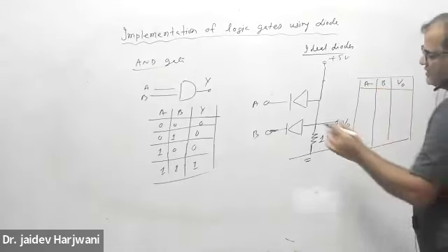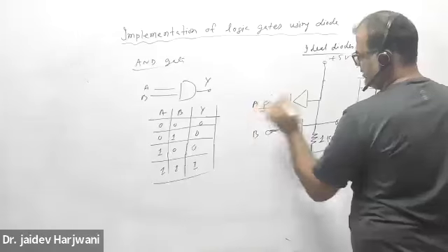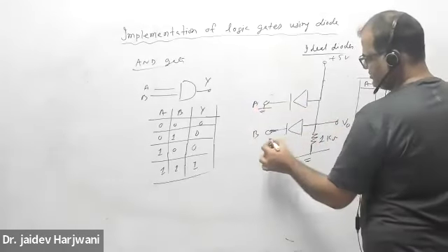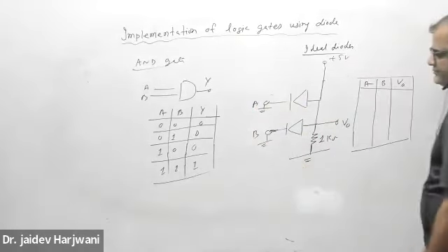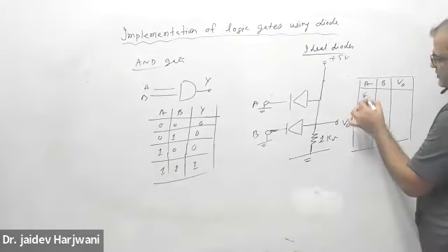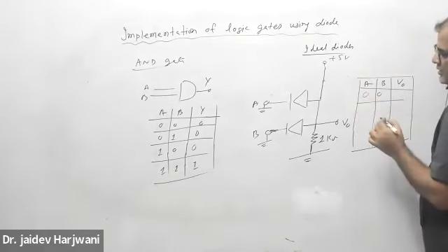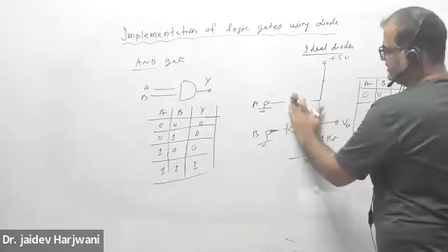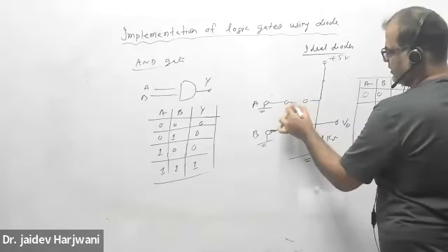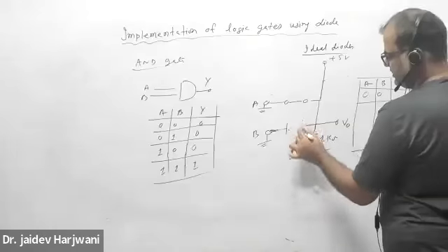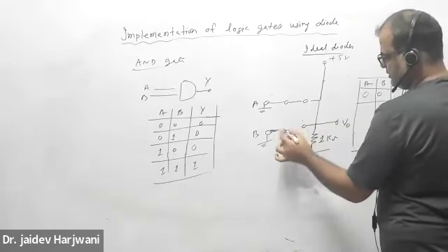If I say A is 0 volt, that is grounded, and B is also 0 volt, grounded. Now both become grounded, so I can replace both by short circuits.